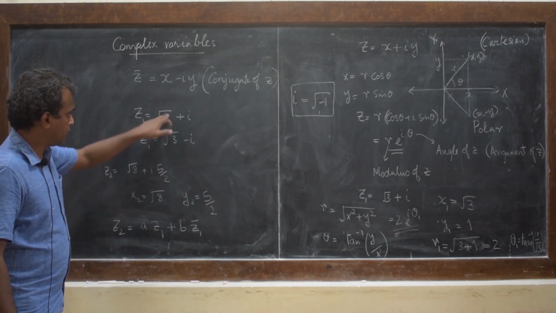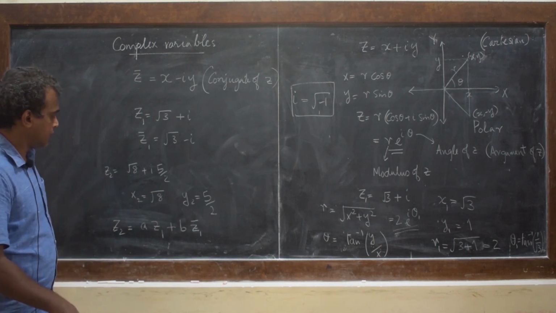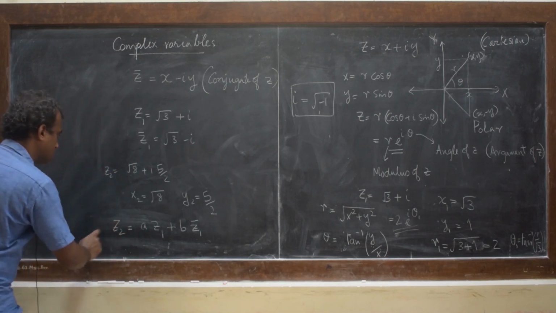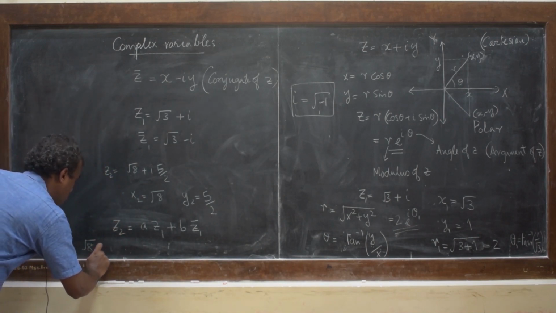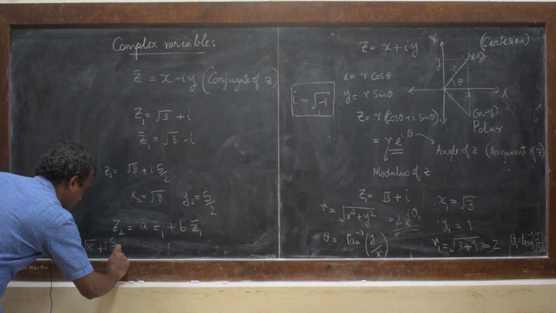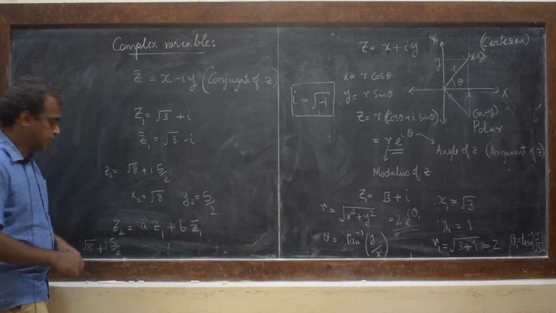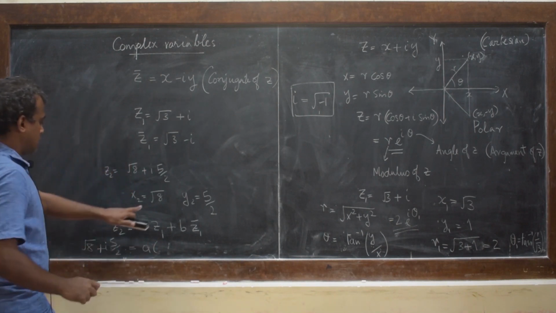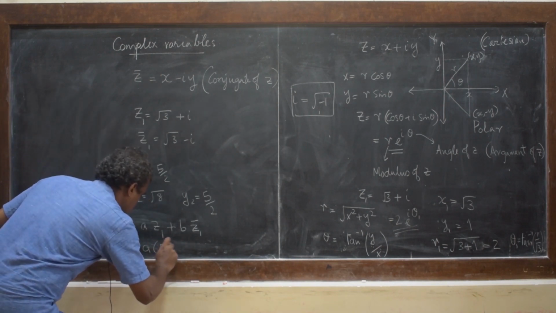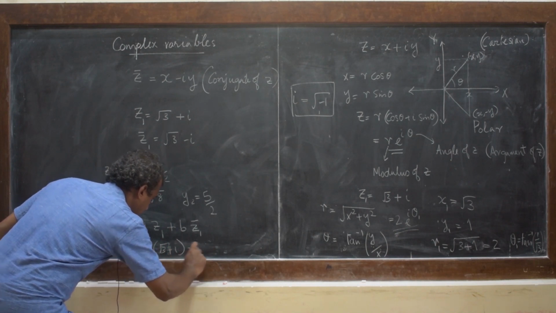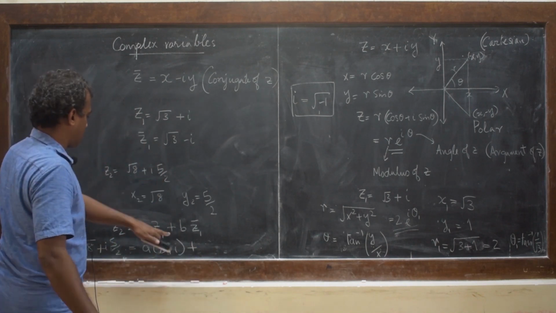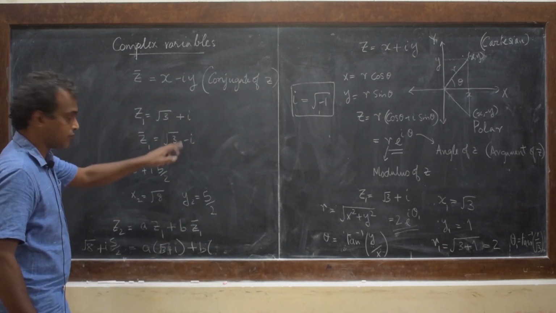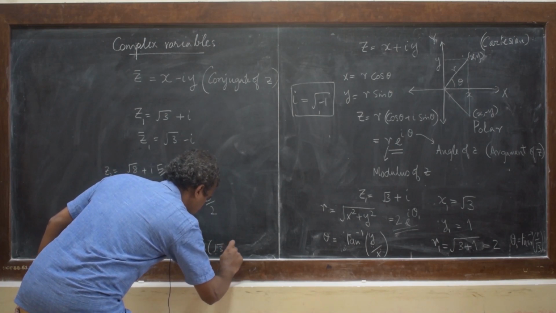By substituting the forms of z1 and z1 bar here, we could observe that square root of 8 plus i times 5 over 2, which is what z2 is, equals A times z1, which is square root 3 plus i, plus B times z1 bar, which is square root 3 minus i.